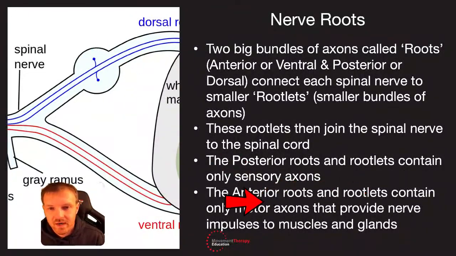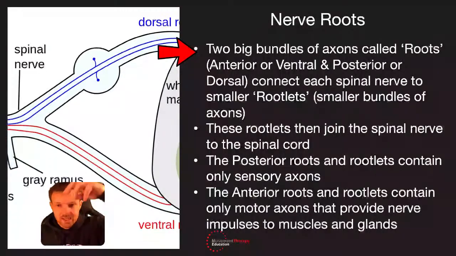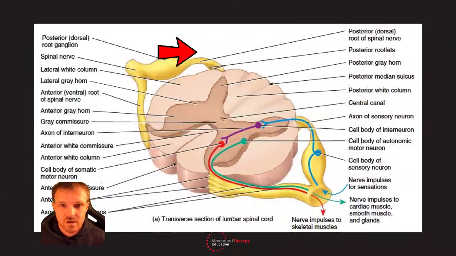And they provide nerve impulses to muscles and glands. Whatever sensory information is coming in and then interpreted by the brain or a reflex action, the motor neuron is then activated, and then something happens, either a secretion of a hormone or a movement of a limb, whatever it's attached to. So that, in its simplest form, is what a nerve root is.